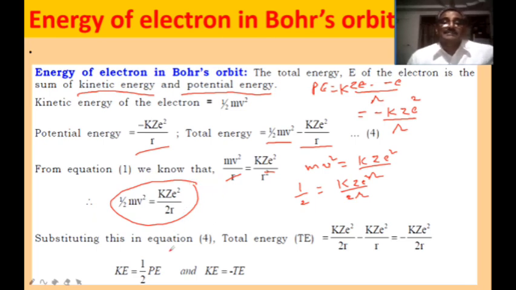Substituting this value in the equation of total energy: instead of half mv square, what is to be substituted? kZe square by 2r is to be substituted instead of half mv square. That is, this is half mv square, minus this is potential energy. So the result is minus kZe square by 2r.